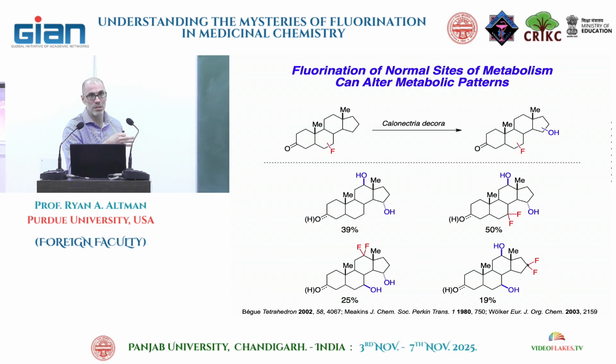We shut off metabolism at that site, that whole ring. Don't see any metabolism there. Okay. Now you still have the primary site that gets metabolized, and the metabolism does shift over here, so you still get B ring hydroxylation. But for teaching purposes, we have effectively blocked metabolism of this ring by introducing fluorine at the adjacent site to the one that gets hydroxylated. Okay. So teaching point there.